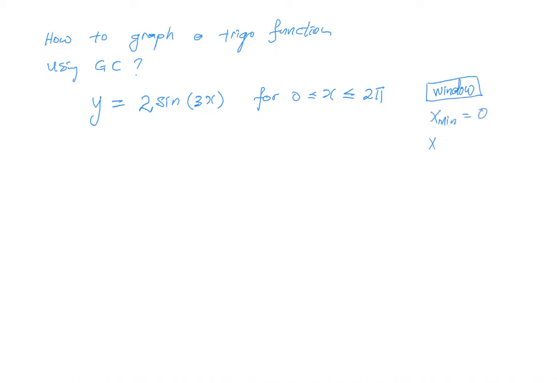Your x maximum, you put as 2 pi. How about your x scale? What did you put? I left it as 1. You left it as 1. So yeah, when we talk about trigo, I prefer you to leave it as pi by 2. I will explain why.